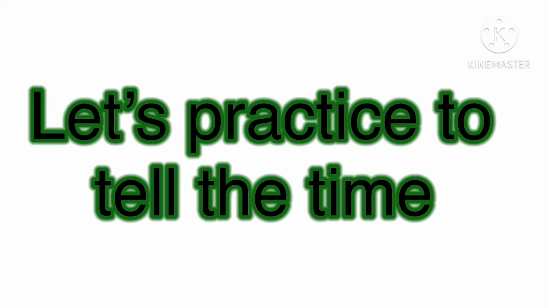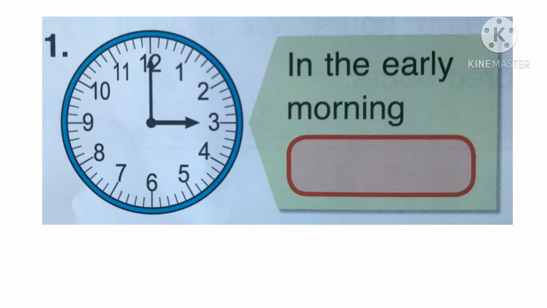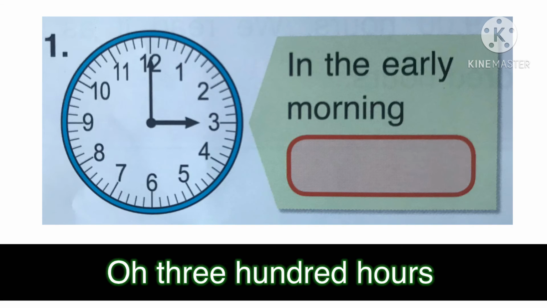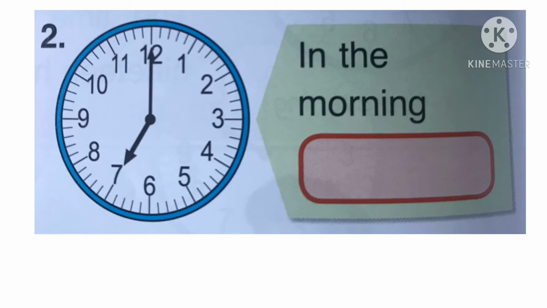Let's practice to tell the time. Number 1, in the early morning, what is the time? The answer, we have 0300 hours. Next, number 2, in the morning, what is the time?